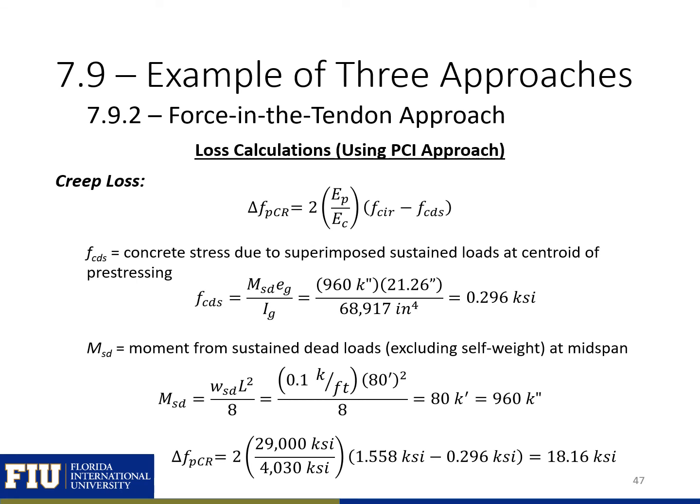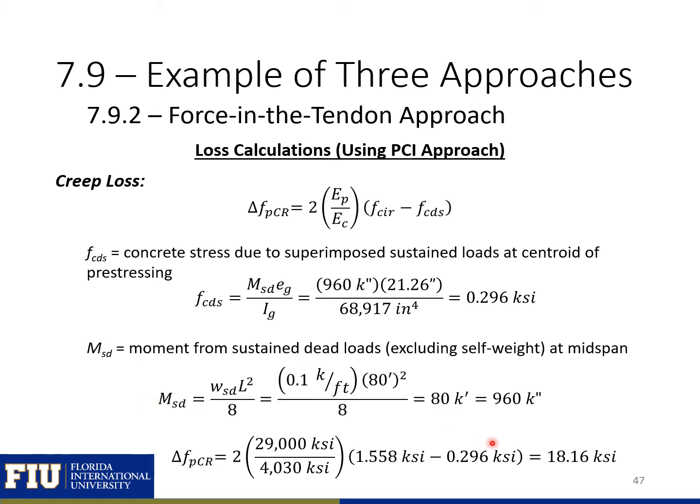Next, we need to calculate our creep loss, or our loss due to creep of the concrete. And we'll use the equations from the PCI Design Handbook. We need to first calculate the stress from our superimposed sustained loads, and those will be caused by our moment from our sustained dead loads.